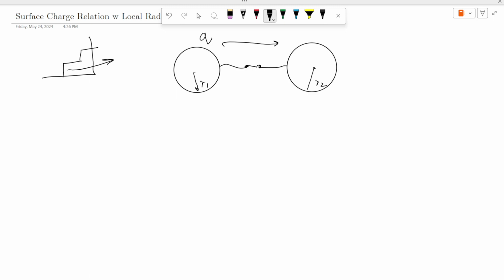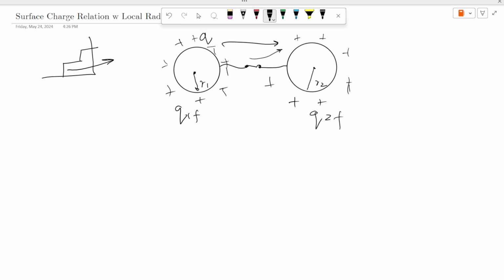The potential here is higher right now, so it keeps on moving onto this one until the potentials are the same. We can call the final charges q1f and q2f.